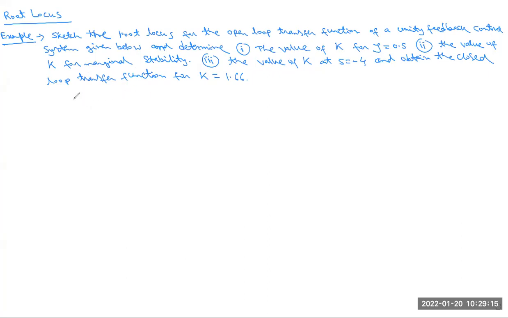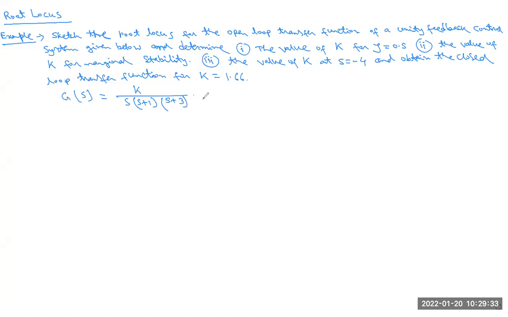The given equation is G(s) equals k by s into (s plus 1) into (s plus 3).